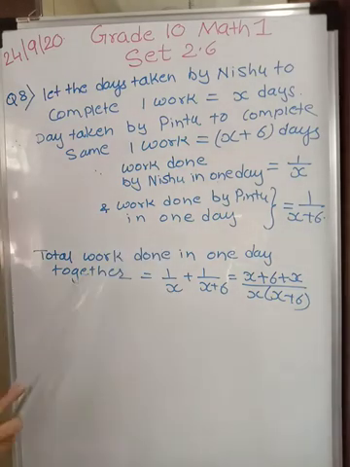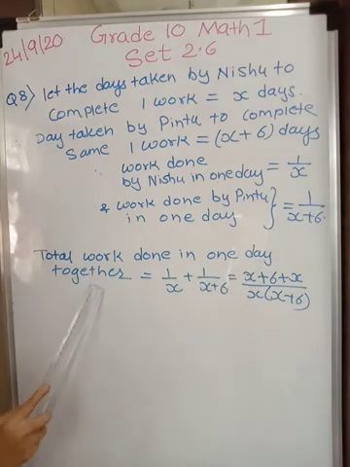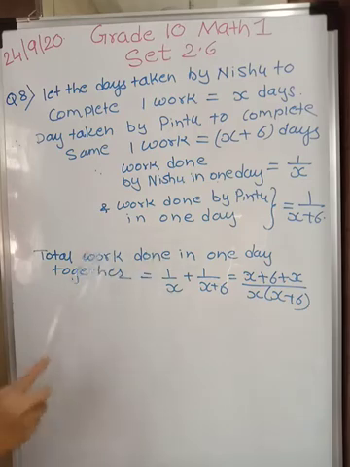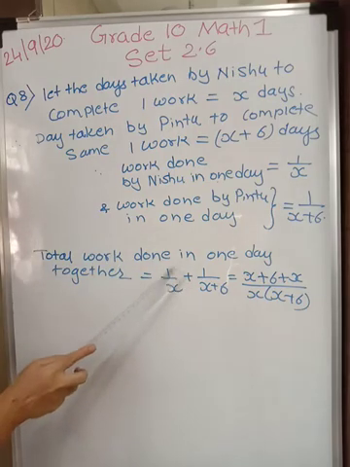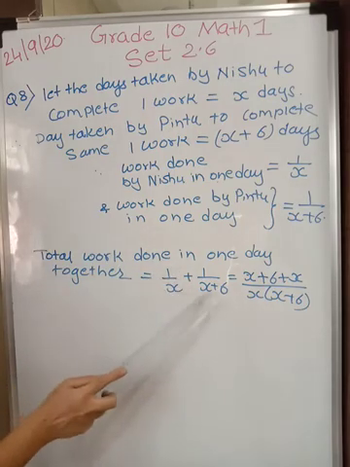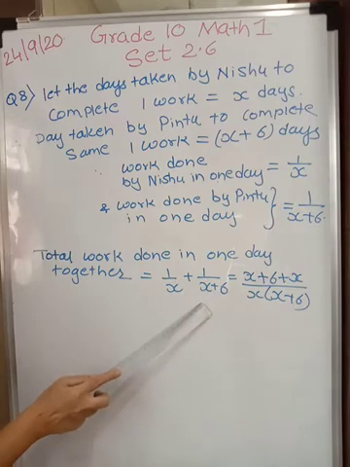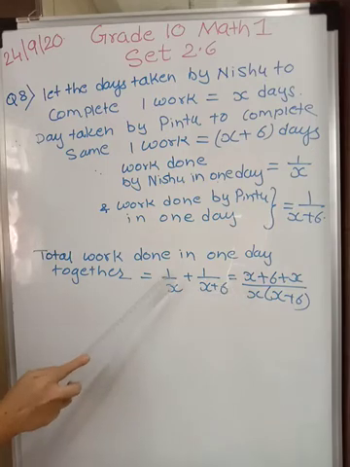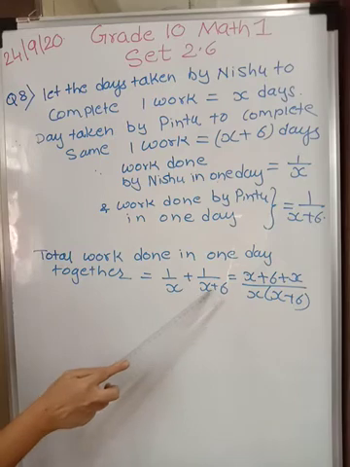Now, total work done in one day together means both of them. So together Nishu and Pintu, how much work are they completing in one day? This is the part of work done by Nishu and this is the part of work done by Pintu. So, how much will it be? 1 upon X plus 1 upon X plus 6.